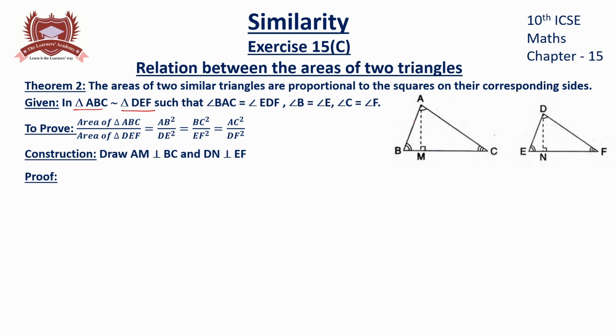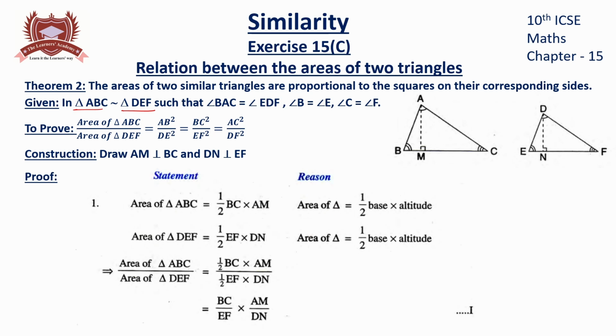We draw the line AM perpendicular to BC, and we draw the line DN perpendicular to EF. Just by looking at the figure, we can say that the area of triangle ABC would be half into BC into AM, that is base into height.